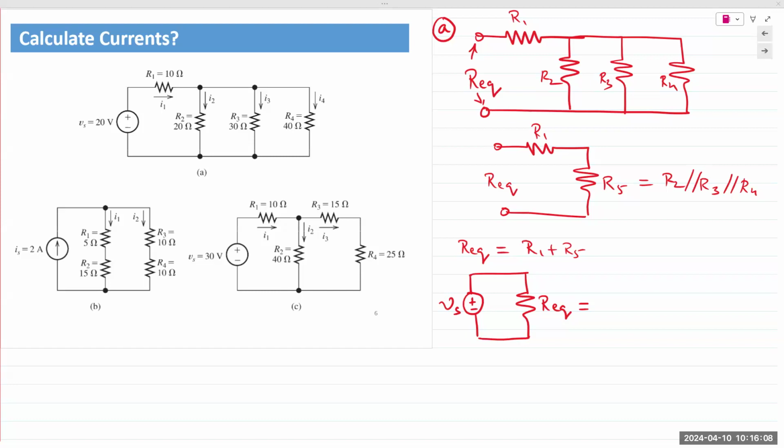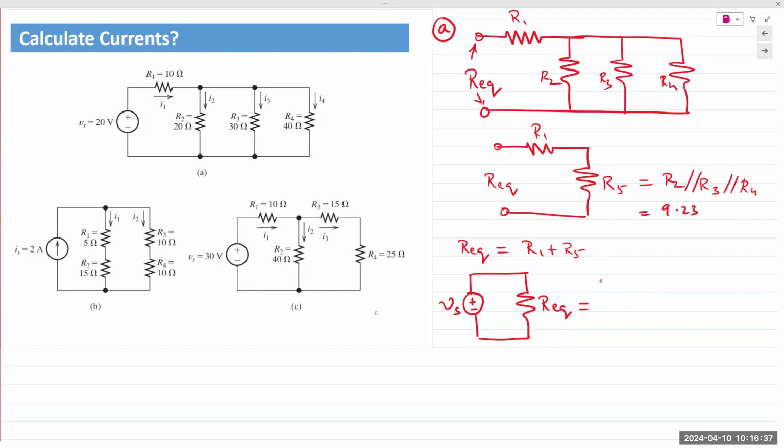R5 is 9.23 ohms. I think I heard something else before, but 9 point something is correct. Sorry, R5 is 9.23, the parallel combination of 20, 30, and 40.